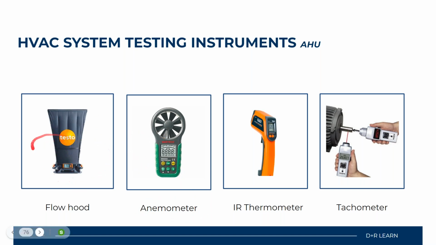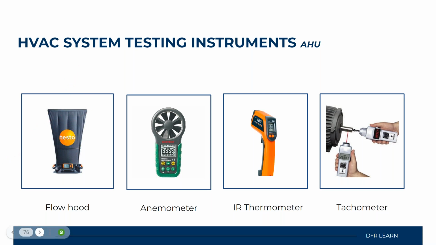But let's start with the flow hood. I've used these flow hood systems, not this one by Testo, but similar brands in the past. But what flow hoods are used for is air balancing within your commercial system.